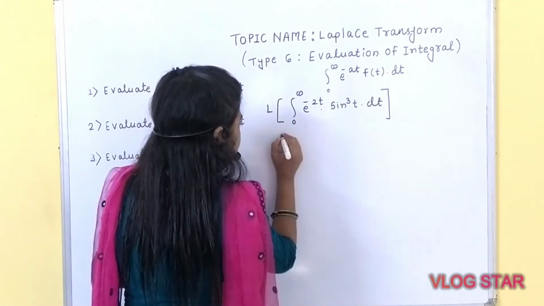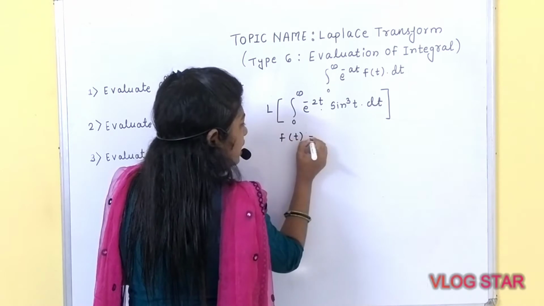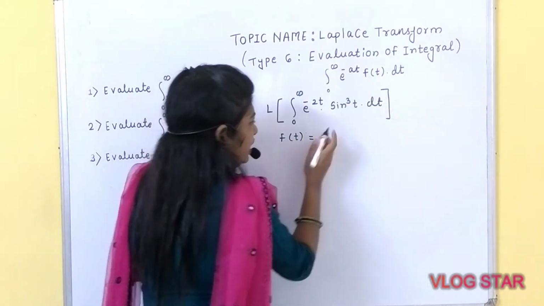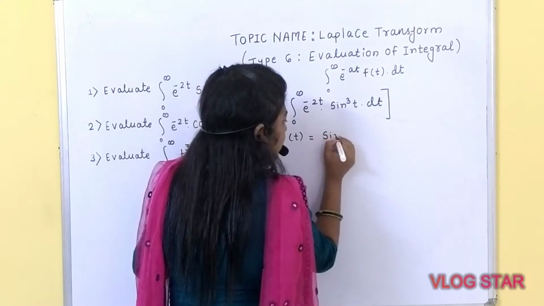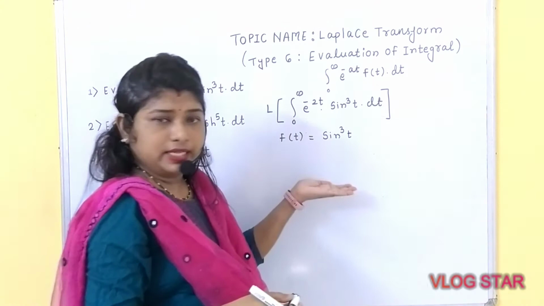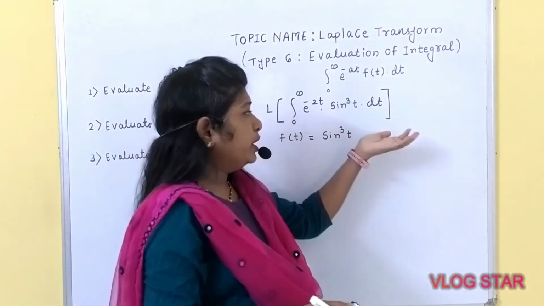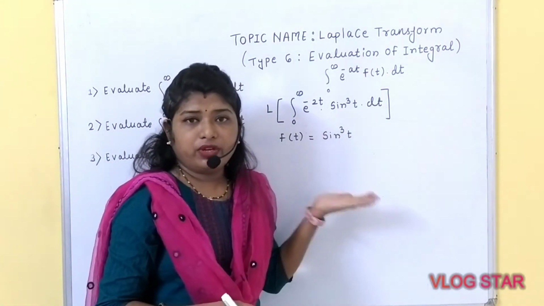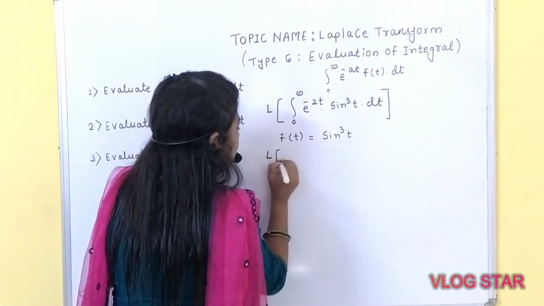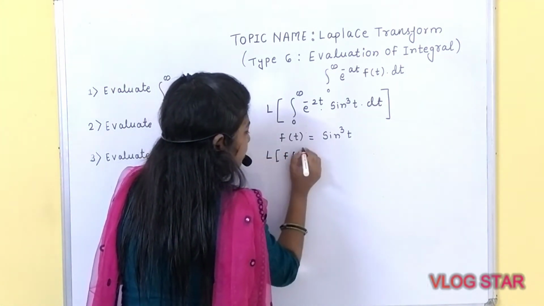So can you tell me what is your f of t? If you equate with the standard result, f of t is nothing but equal to sine cube t. I hope you have understood this. You need to take f of t from the given example, and then find out Laplace of that particular function.